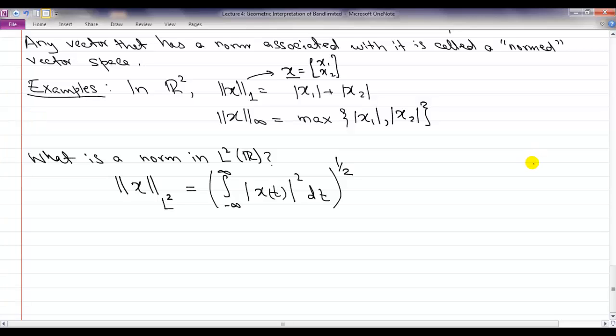For example, if in R2, I am given this vector v1 and this vector v2, then if this angle is 90 degrees, we say that v1 is orthogonal to v2.